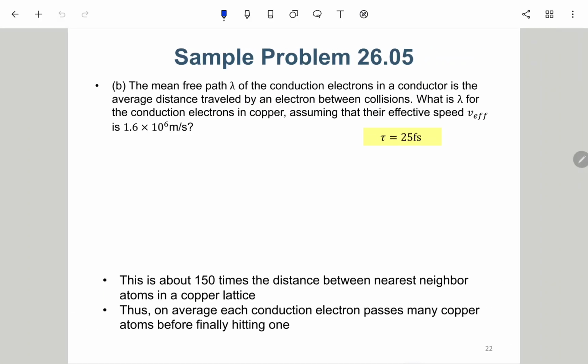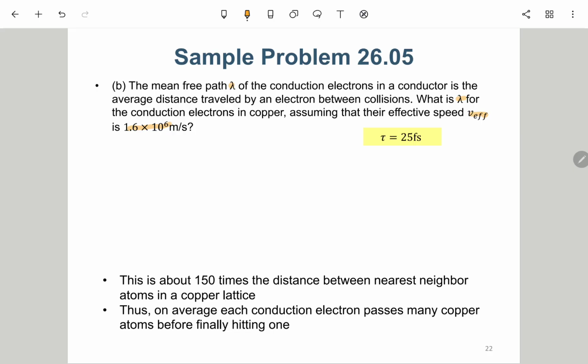For question B, the mean free path lambda of the conduction electron in a conductor is the average distance traveled by the electron between collisions. What is lambda for the conduction electron in copper, assuming that the effective speed v effective is 1.6 times 10 to the 6th meters per second?